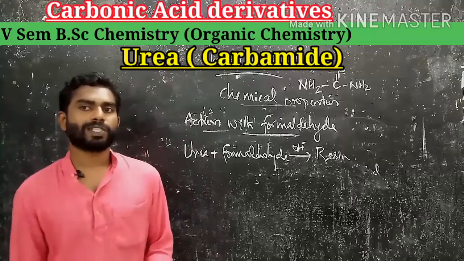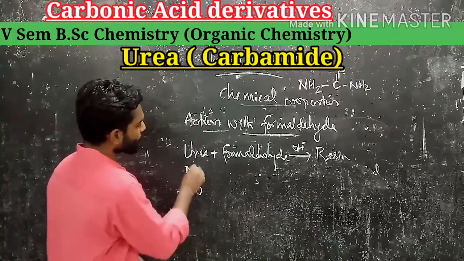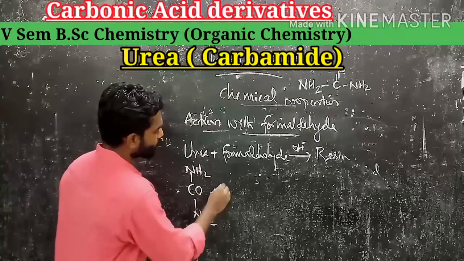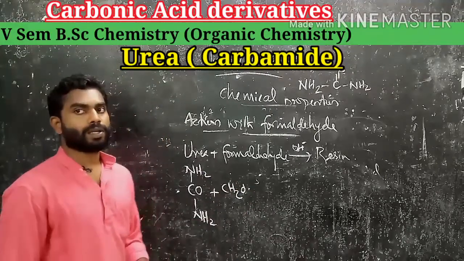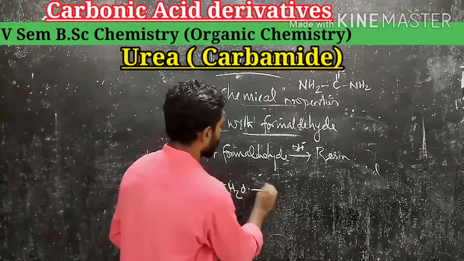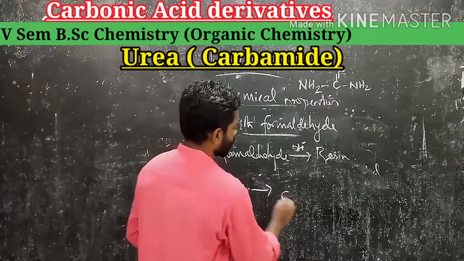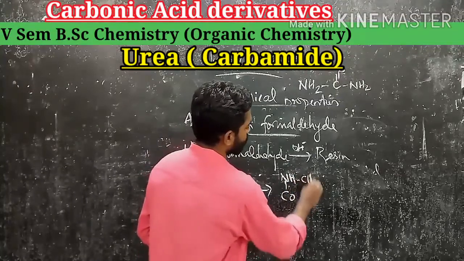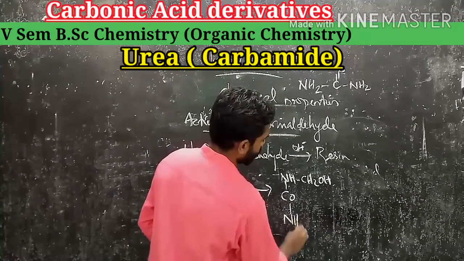Let us see how the condensation takes place. CO NH2 reacts with CH2O or formaldehyde. We will get condensation here: CO NH CH2OH, NH2.